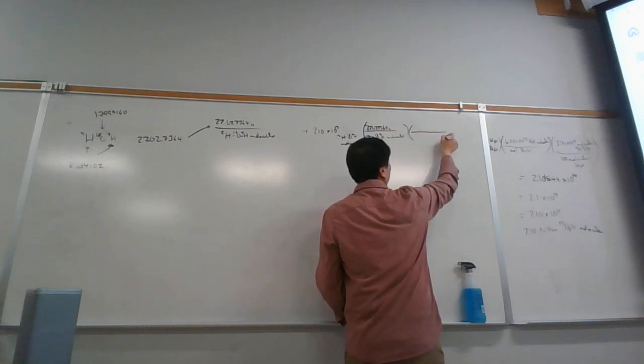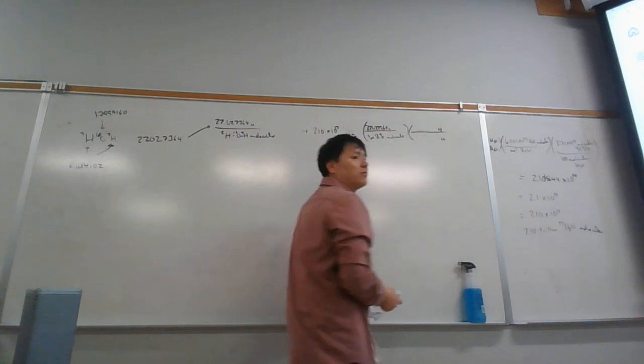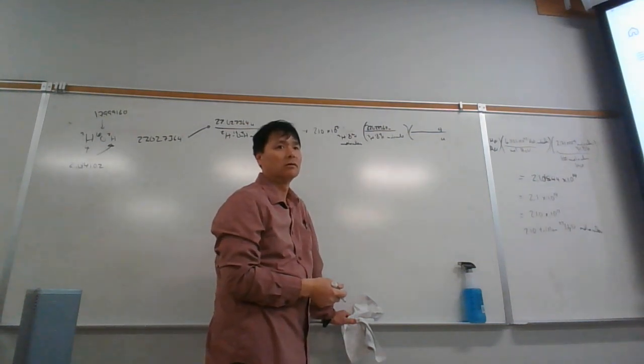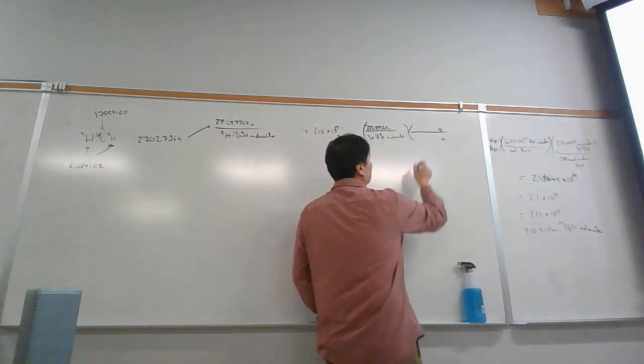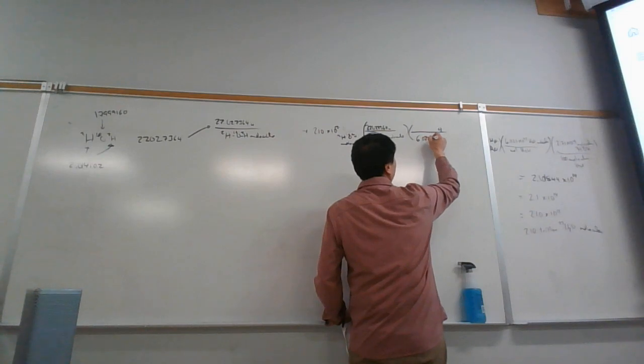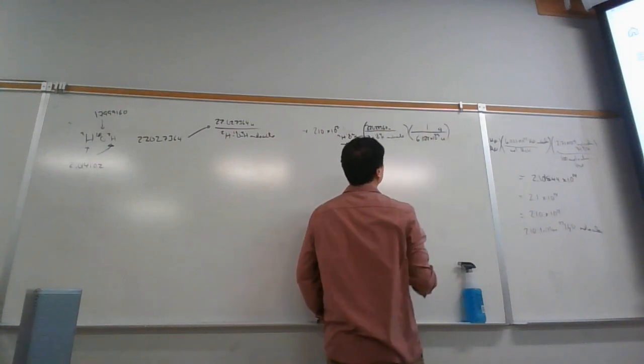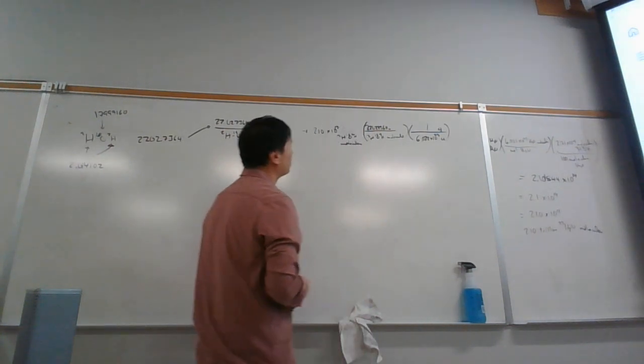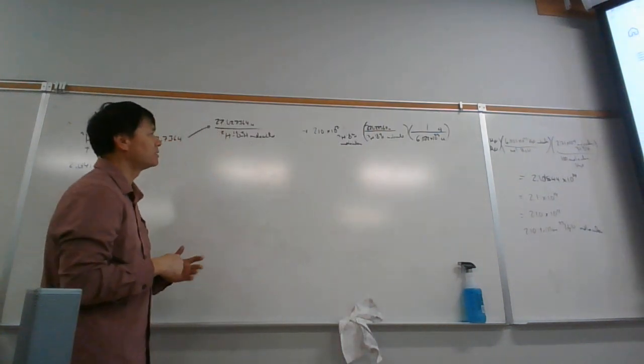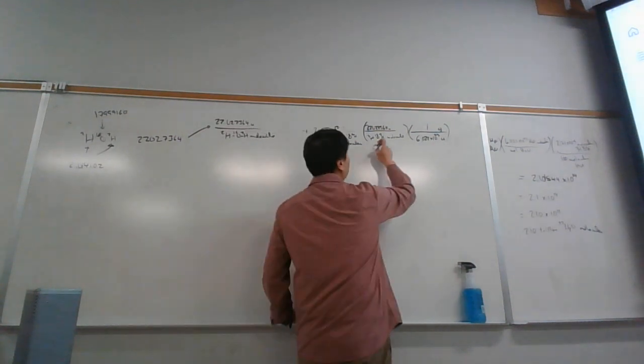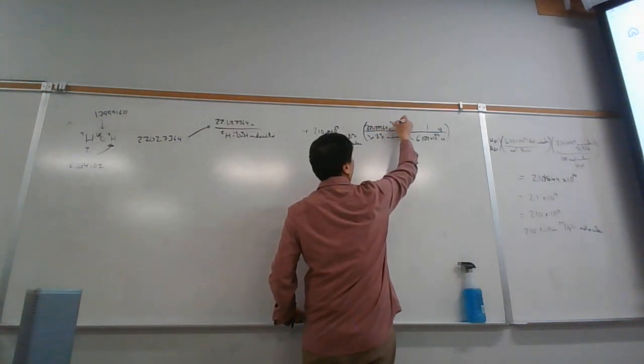I've got to get rid of U, so the conversion factor is 6.022 times 10 to the 23rd U per gram. Because this is going to tell me how many grams of H2O18 H2 I have.